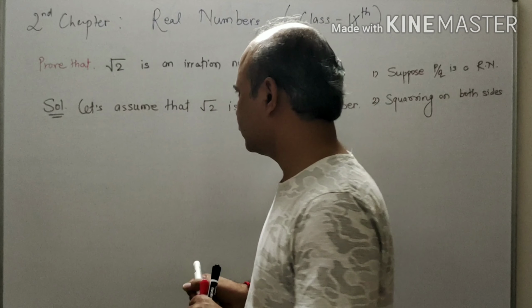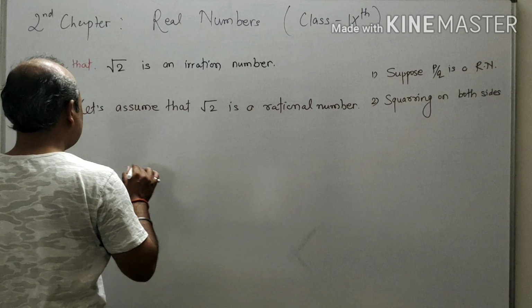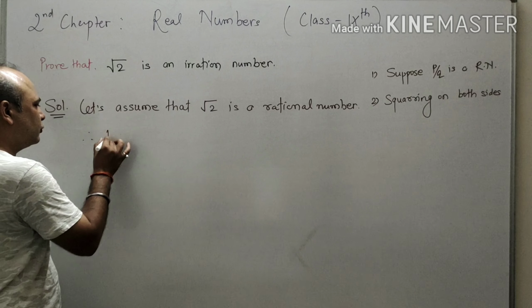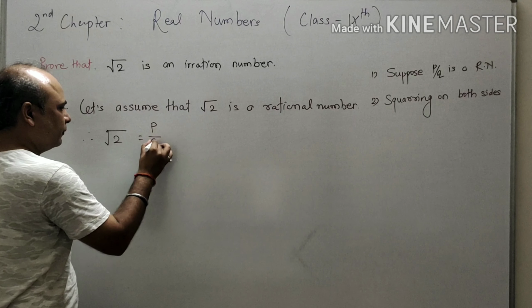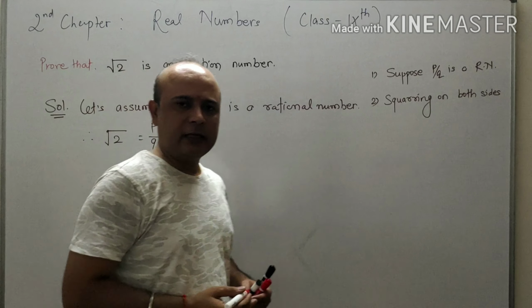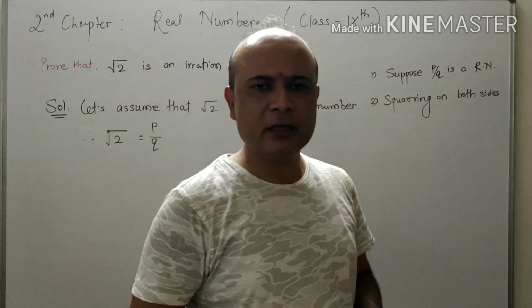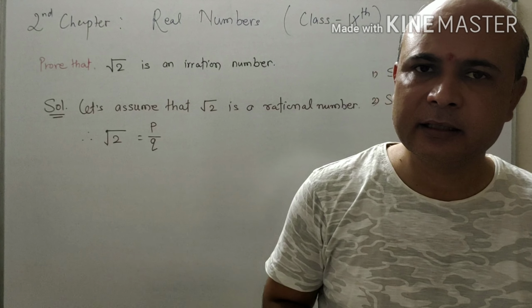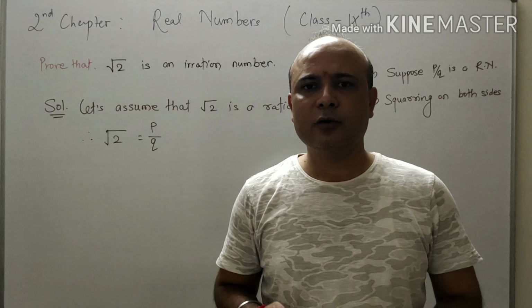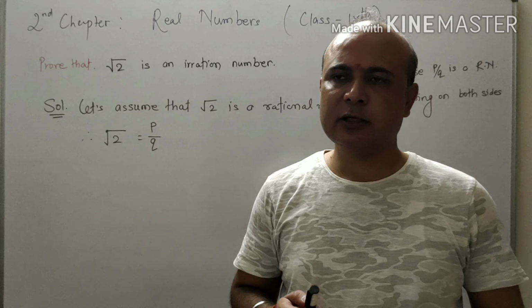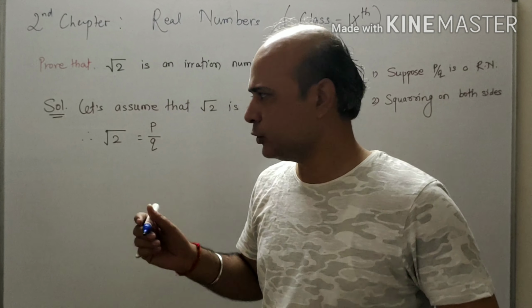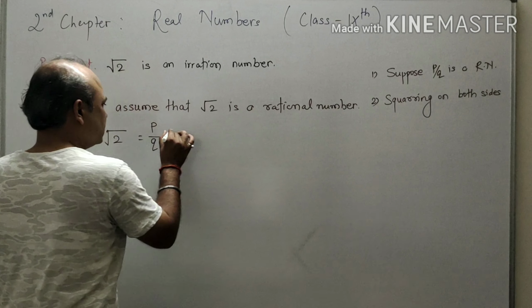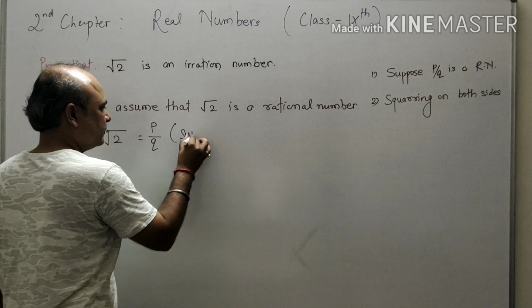Student, if root 2 is a rational number, therefore we can write root 2 in the form of p upon q. Okay student, if any number is a rational number, we can write root 2 is equal to p by q, and we are going to suppose this.